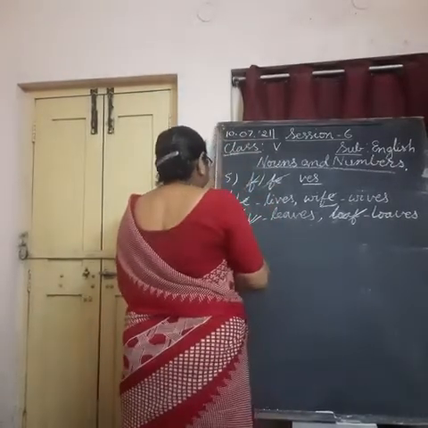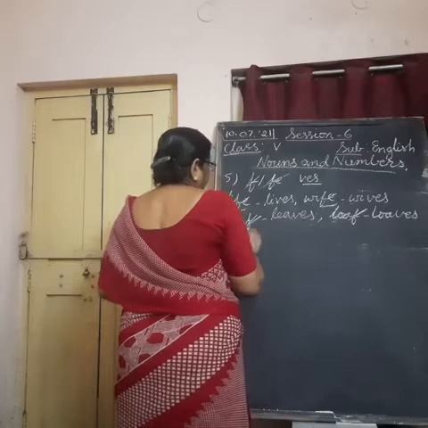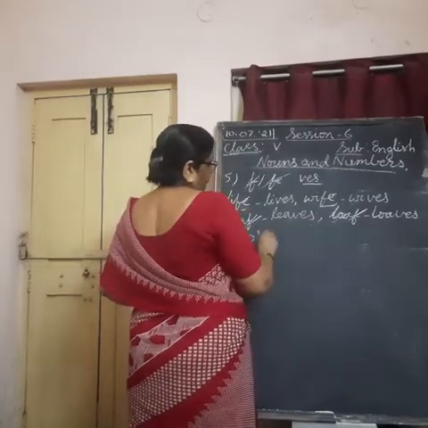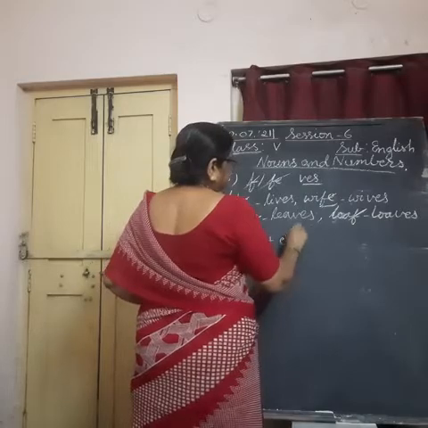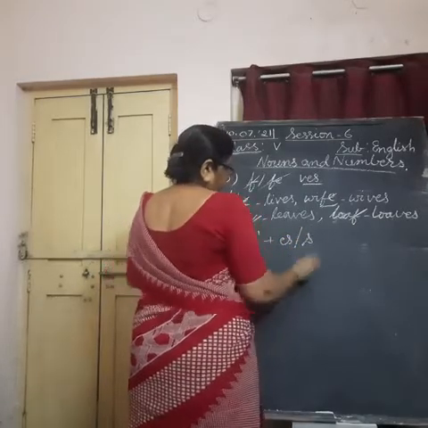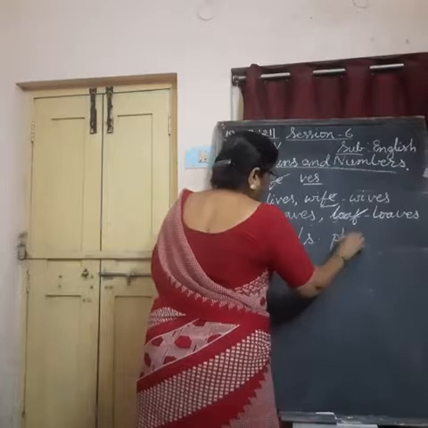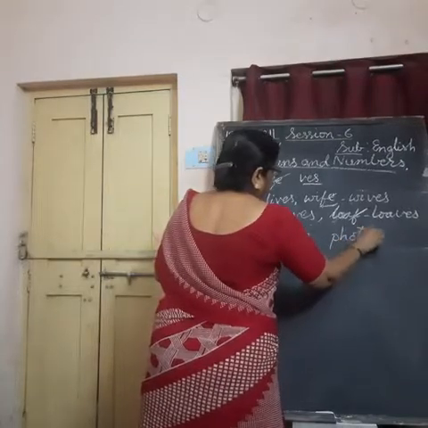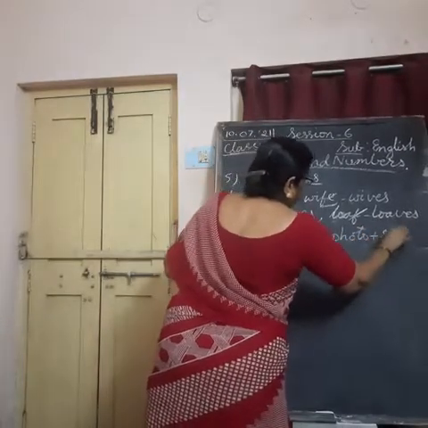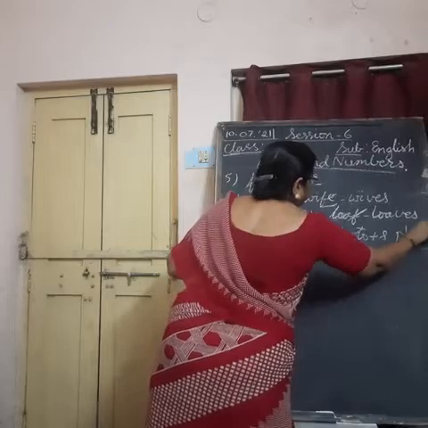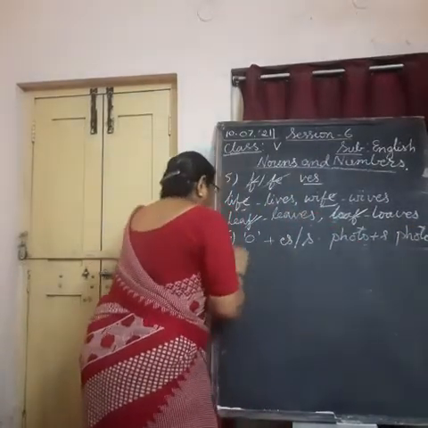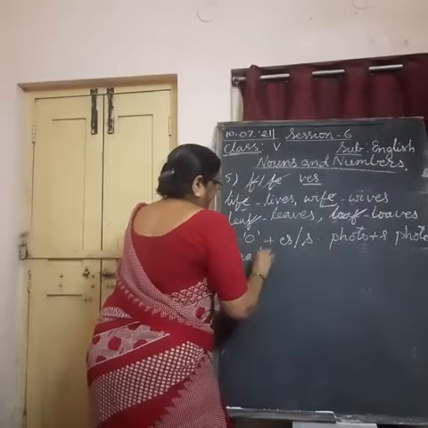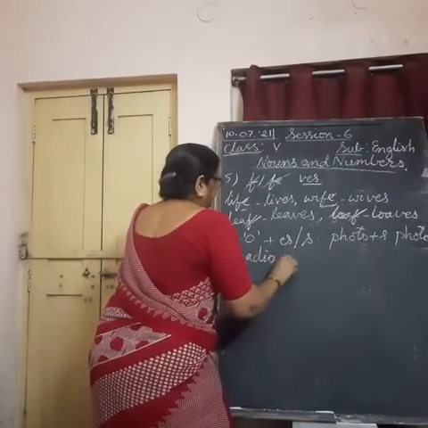In the next case, if the word ends with o, what we are doing, just adding es or s to it. For example, photo, we add just s and make it photos. It's the plural form. Radio, radios.